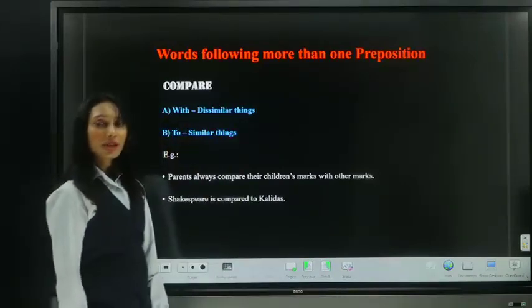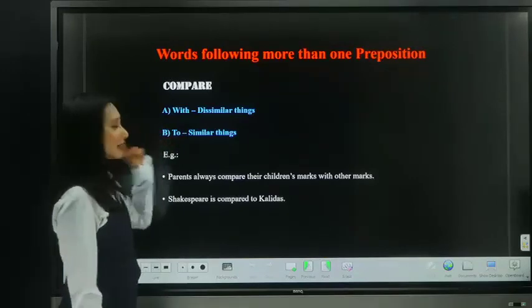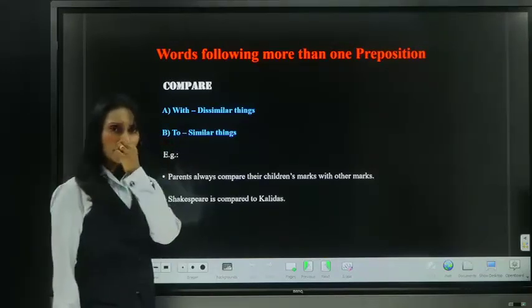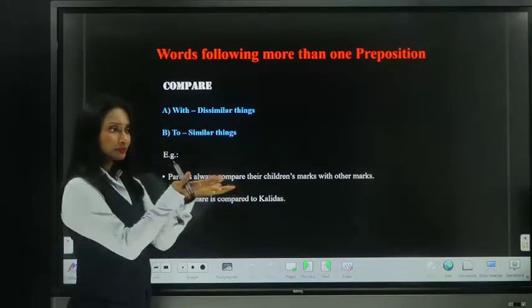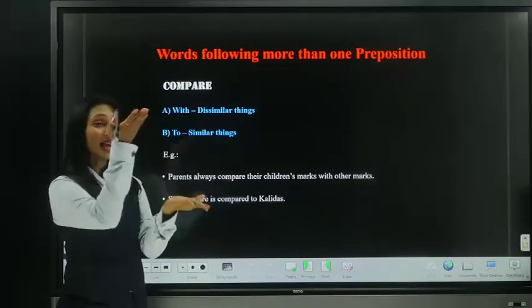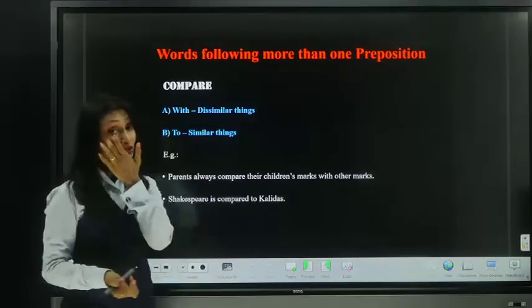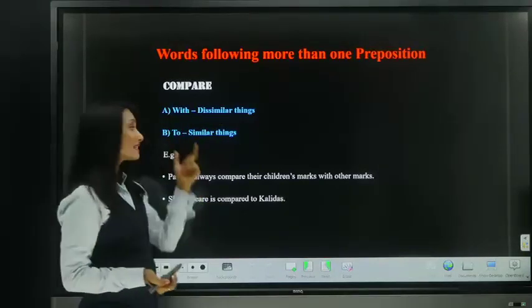Compare. Compare also takes two prepositions. They are compare with, compare to. Compare with is used to show dissimilarities between two, whereas compare to is used to show similarities.